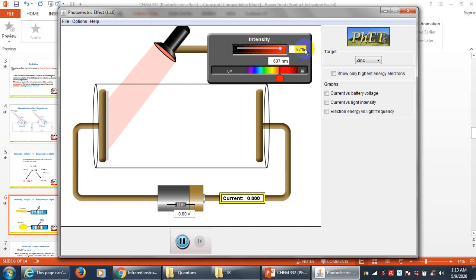We increase the intensity to 97%, but no current will be produced. However, if we change the wavelength, as we go to a different wavelength, we see that ejection of electrons will start in that region. So it means that UV light and above will cause the ejection of electrons from the surface of zinc.